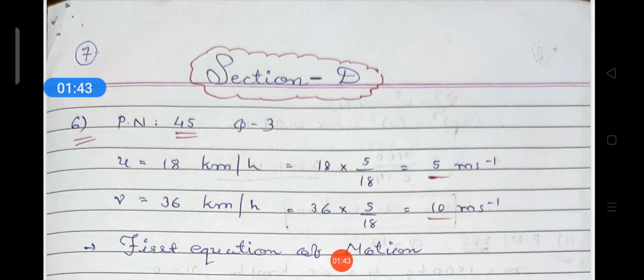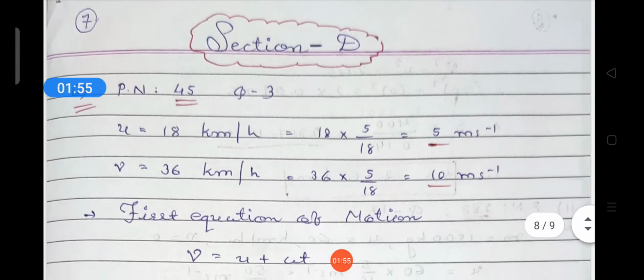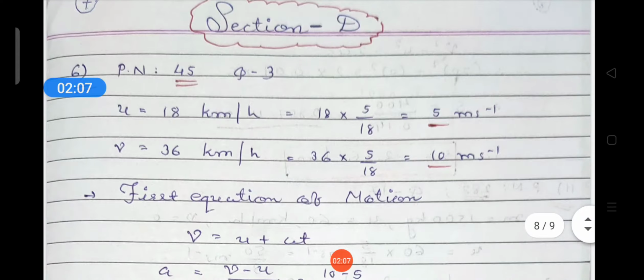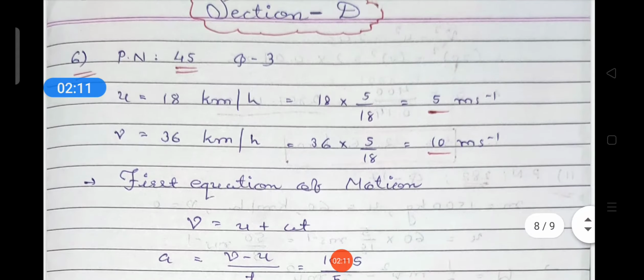Here, my dear students, question number 6 you will see in your section D. In class and in the video also I have mentioned it. In question 6, a car accelerates uniformly from 18 km per hour to 36 km per hour in 5 seconds. Calculate the acceleration and the distance covered by the car in that time.